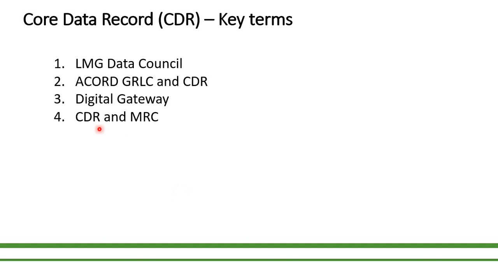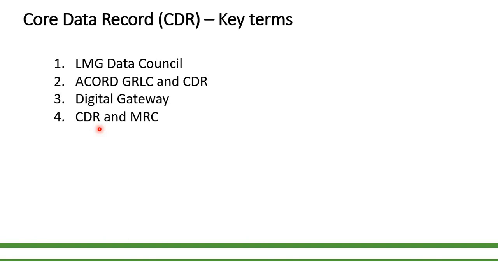The fourth important point, CDR and MRC. The Market Reform Contract MRC version 3, which was previously called the IMRC, and CDR are going hand in hand. The MRC will capture all the data required to make the core data record upfront. Remember, we are talking about the 80% of data which will come from MRC version 3.